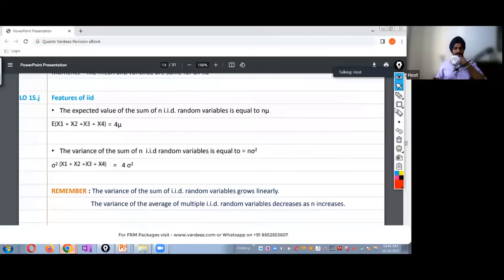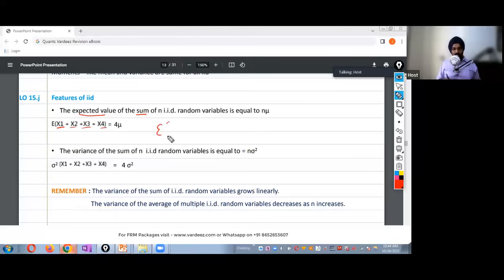What about the features of IID random variables? The features, this is something that is important. The expected value, the average of the sum when you add up all the random variables. Say you have 4 random variables, X1, X2, X3, X4.